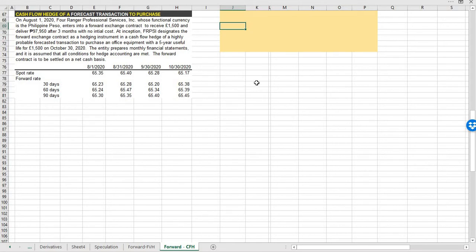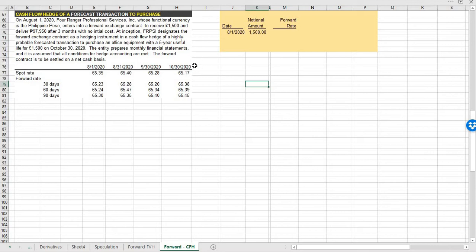So, let's start on the date of inception, August 1, 2020. So, again, let's start with a notional amount of 1,500 British pounds. Tapos, i-multiply natin to sa ating forward rate. So, dahil ang petsa natin ay August 1, 2020, at ang settlement date natin ay October 30, 2020, ibig sabihin, meron tayong 90 days after August 1 until October 30, the settlement date.